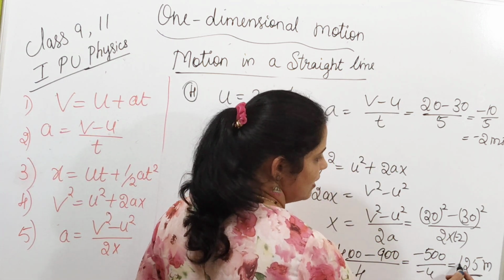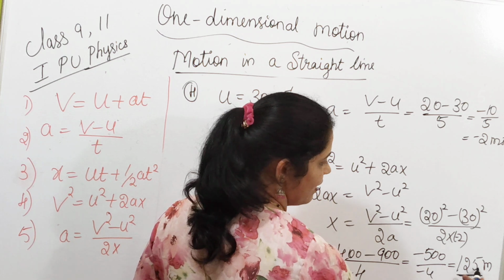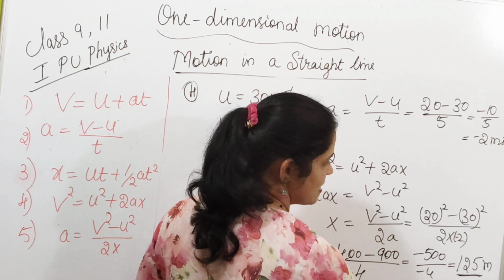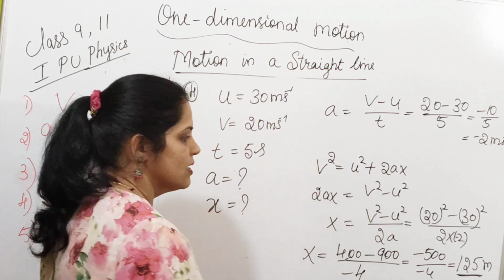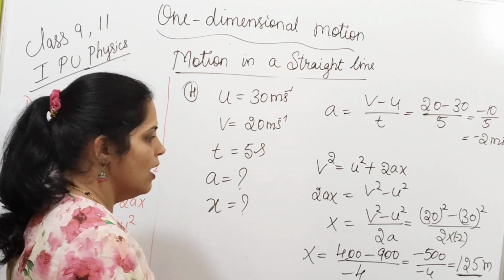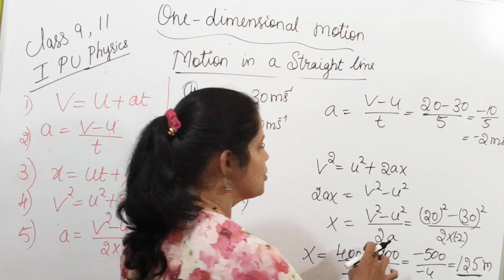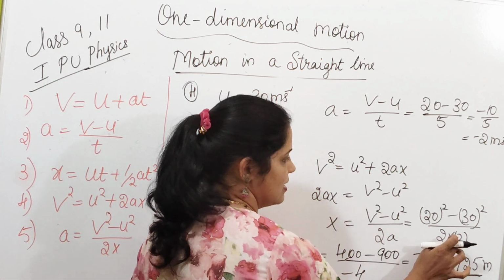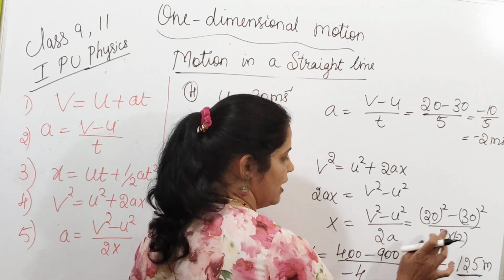See how to solve this? 4 into 100 is 400. 25 fours are 100. So 400 plus 100 is 500. So it is 125 meter. And here a should be negative because it is retardation. Hence you have to substitute negative.